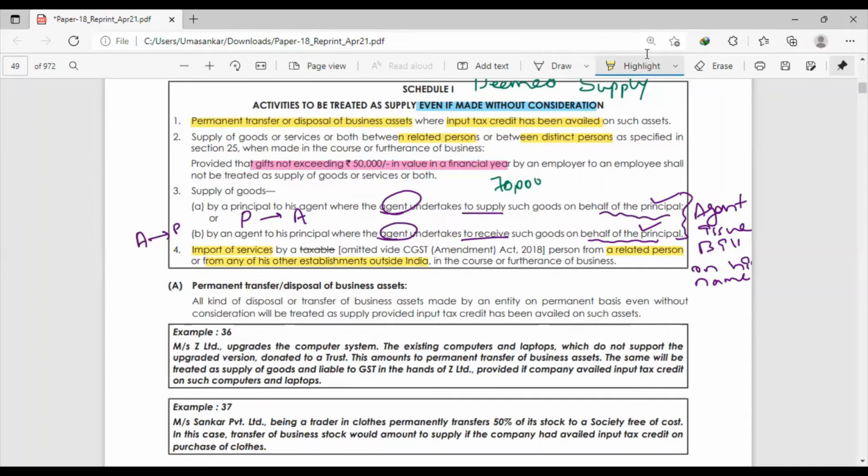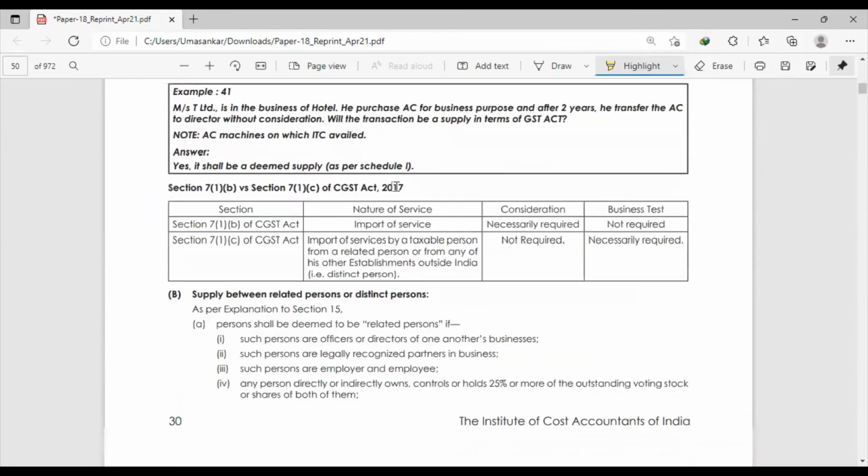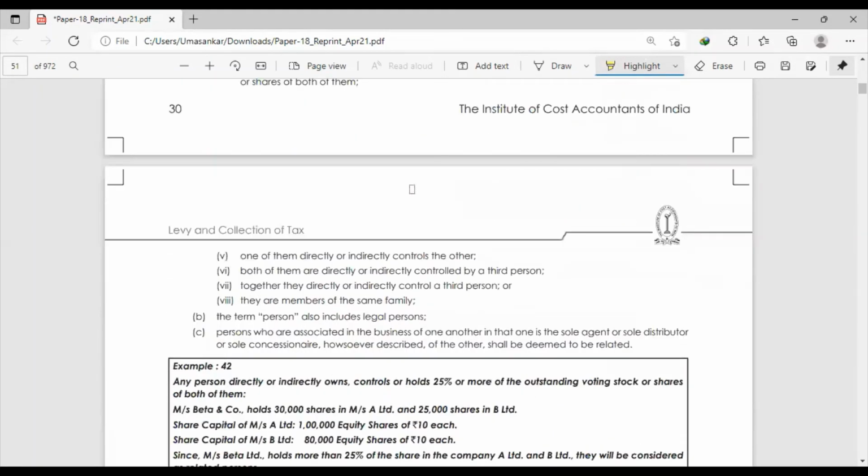Okay, so from a related person or from an establishment outside India in the course of business, then also it will be considered deemed supply, because a related person is linked, and an establishment outside India means it is also linked. So it might be the case that there might not be any consideration. So it is also considered as a deemed supply. I've just given a one-line explanation, but the explanation is given below. Okay, we'll go through it right now. Don't worry.